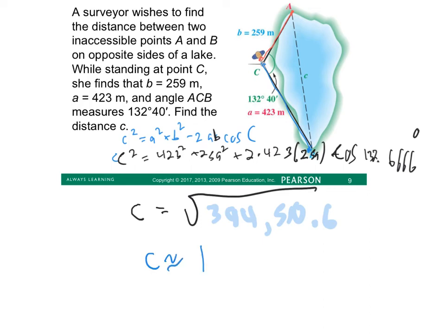All right, so let's get ready for the answer. I'm going to go to the calculator and hit square root of my answer. 628.